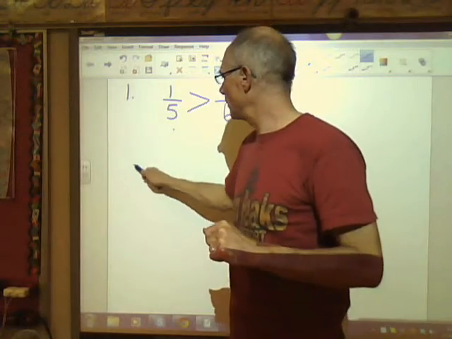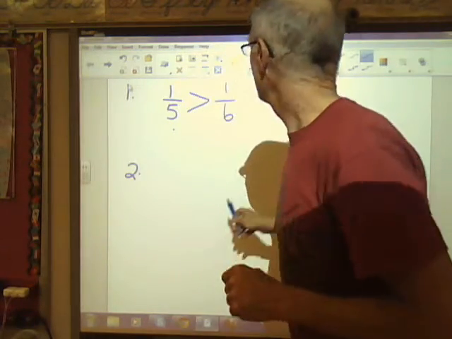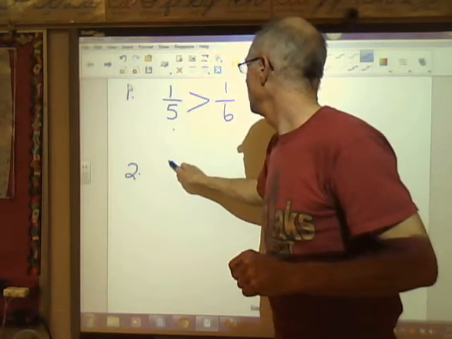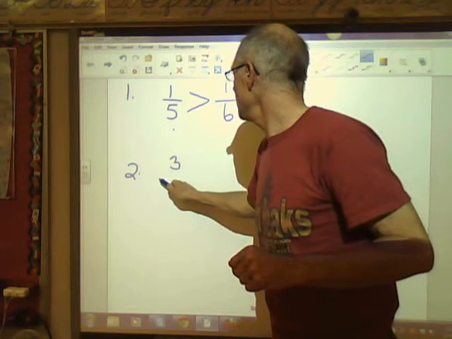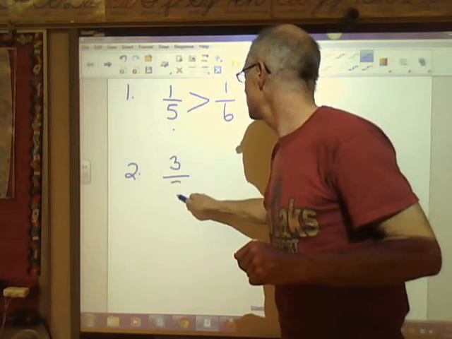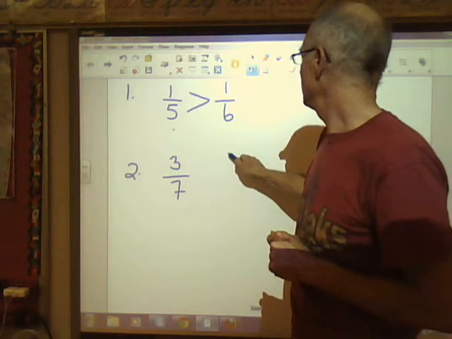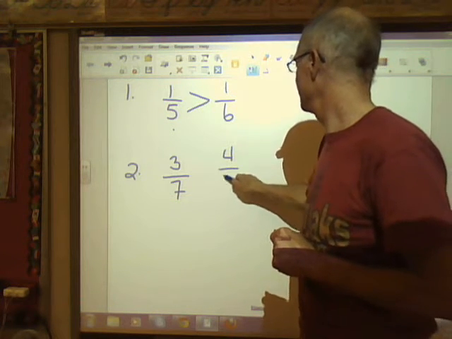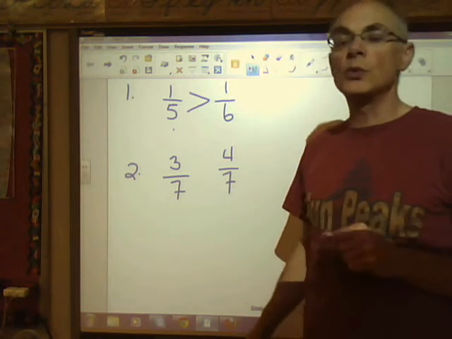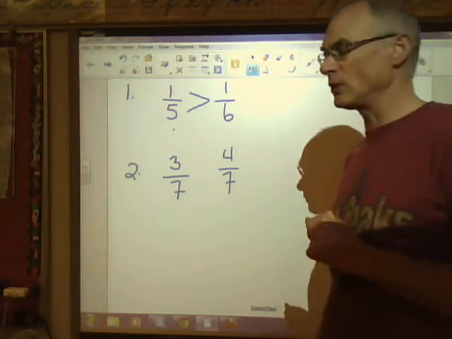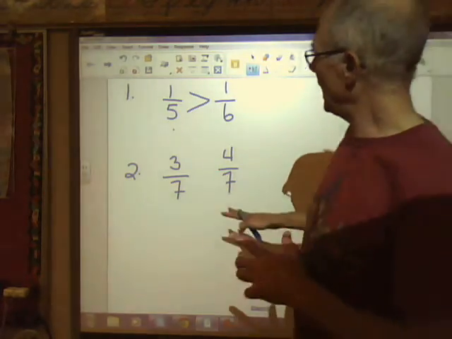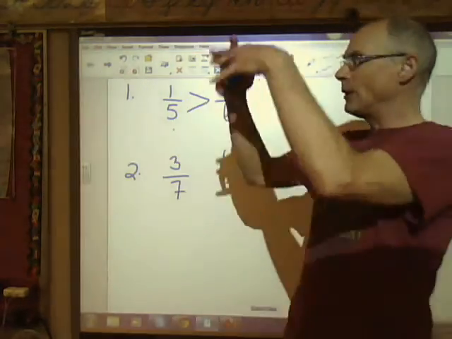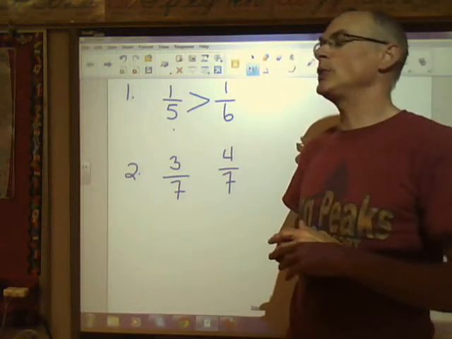Okay, another example will be a fraction like 3/7 and 4/7. Which one is larger? Which one is smaller? Put them in the right order. Okay, again, we simply picture a pizza or something of 7 pieces.